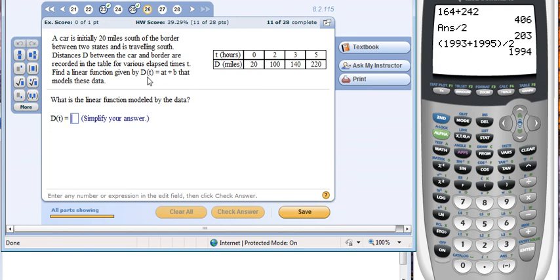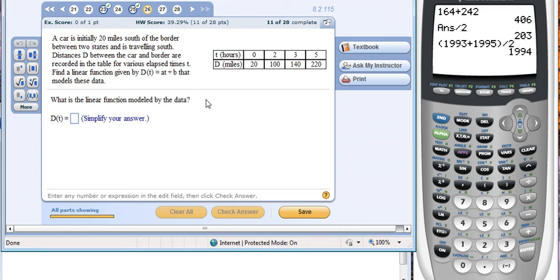Time and distance are related by this model. Whenever we're supposed to model something, we're supposed to write a function of this data that's modeling the function. We're taking a look at what's going on within this table, and we're going to try to write a function for that. And again, if it's linear, all we need is m and b. In this case, we need a and b.